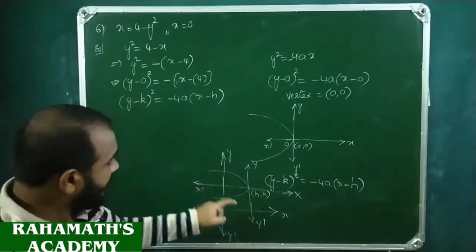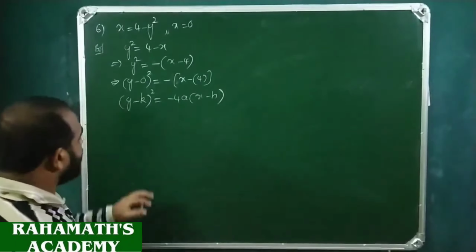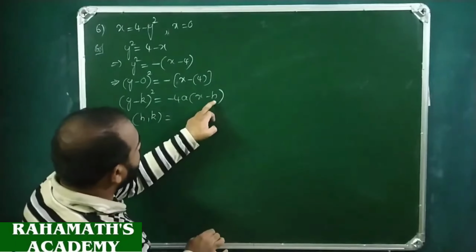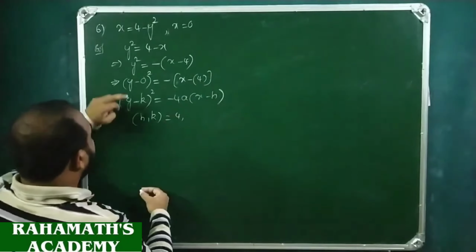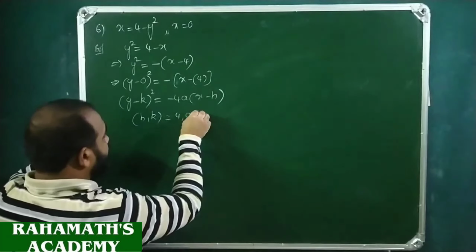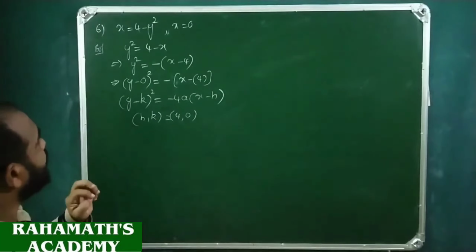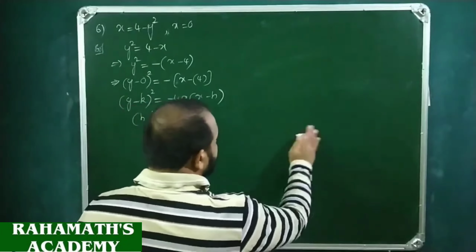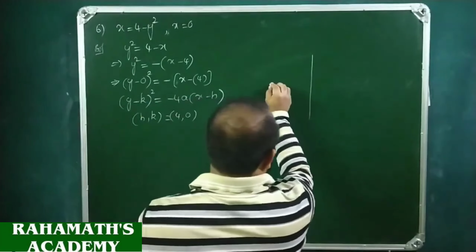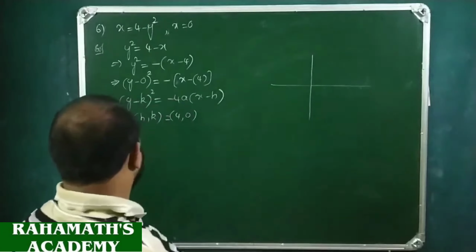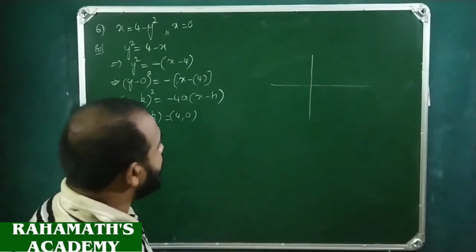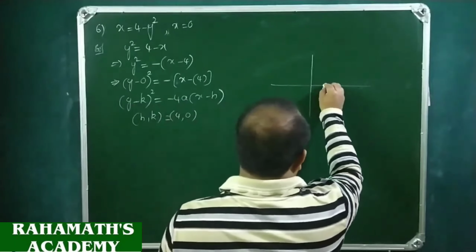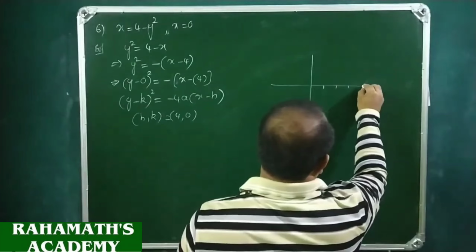Here it can be compared with this. The h value is 4 and the k value is 0, so 4 comma 0 is the vertex. The rough sketch of this diagram can be easily drawn. You know how? See this, 4 comma 0 is situated here: 1, 2, 3, 4 comma 0.